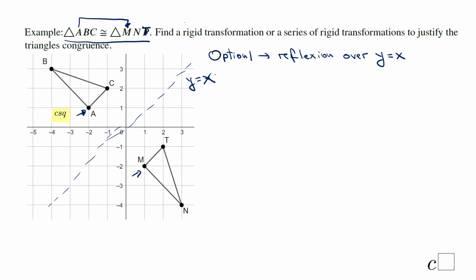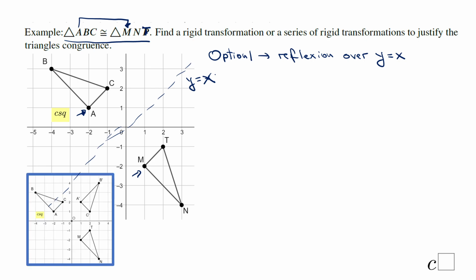But I want you to take a look at this picture. We can do a series of rigid transformations. And what do you notice here? On this one, I rotate triangle ABC 90 degrees.